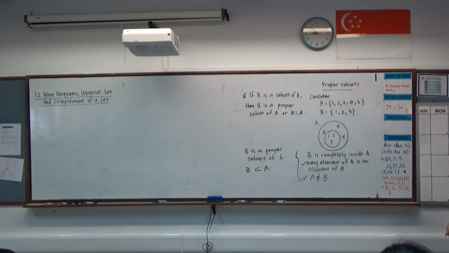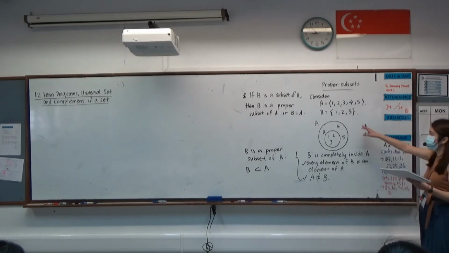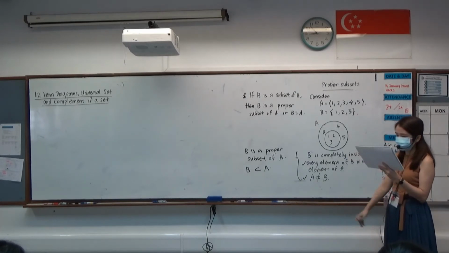So we need to be familiar with the words. Okay? So a subset is still a set itself. So we can say that B is a set of its own.